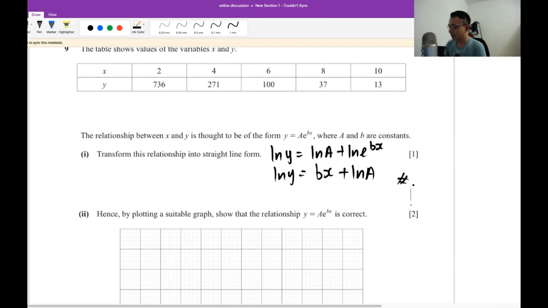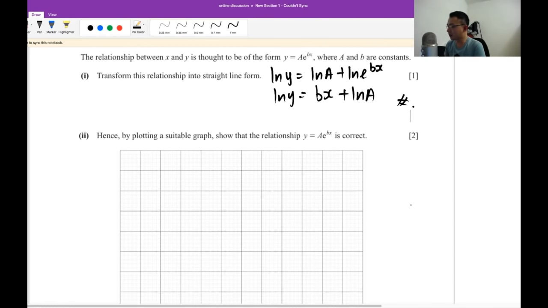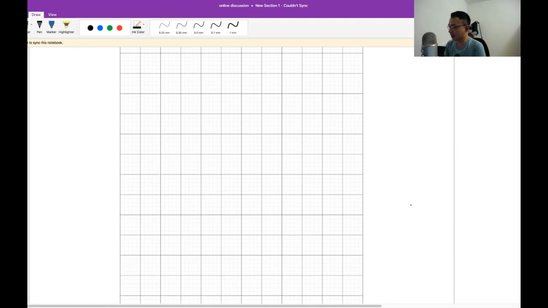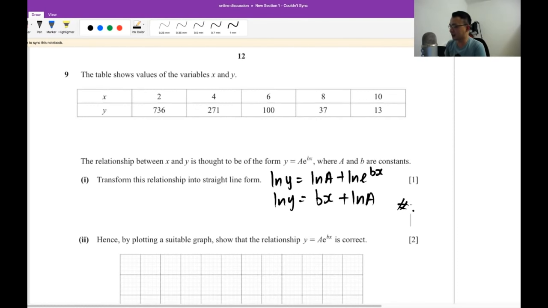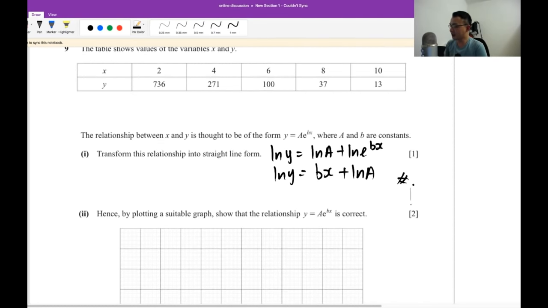Hence, by plotting a suitable graph, show the relationship is correct. What you need to do is plot the graph of ln y against x.